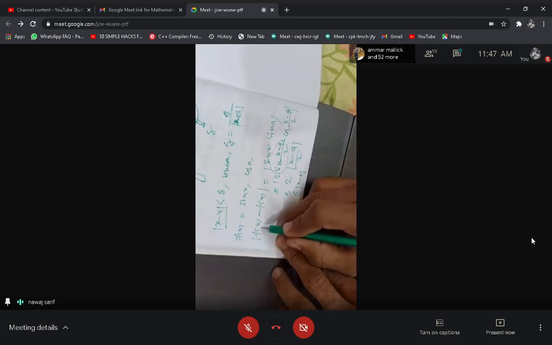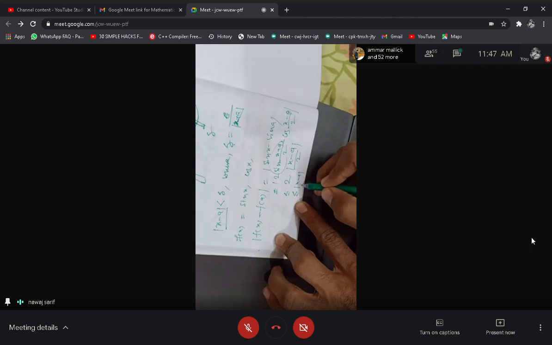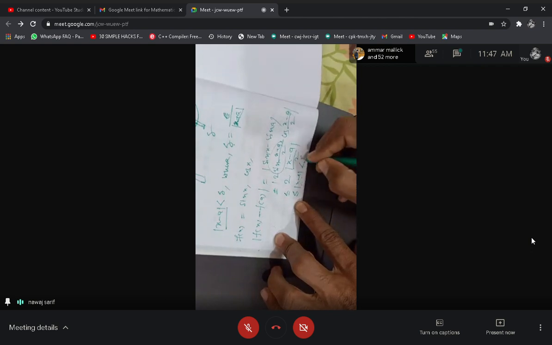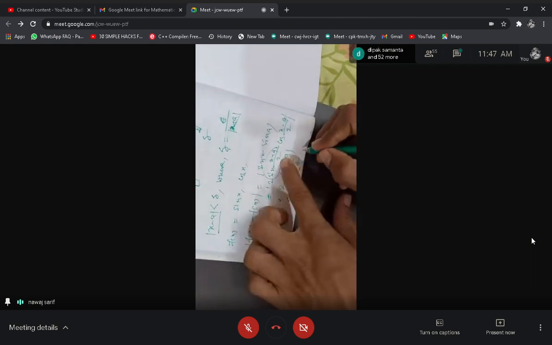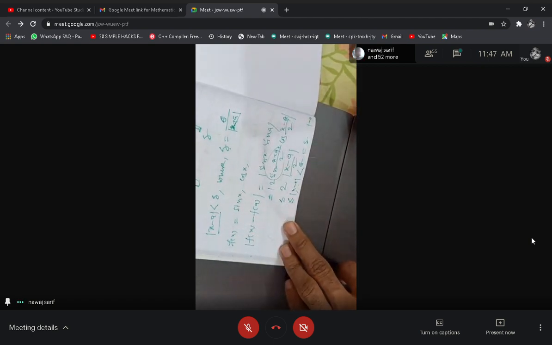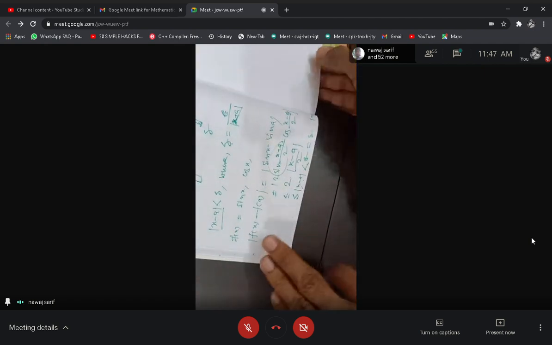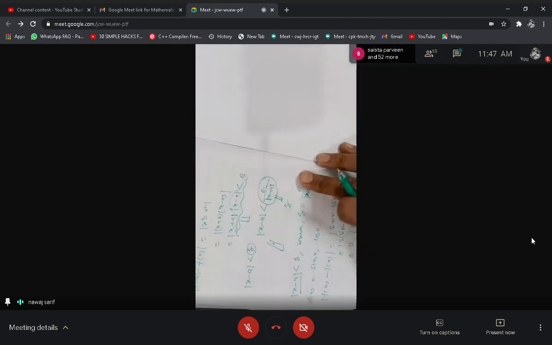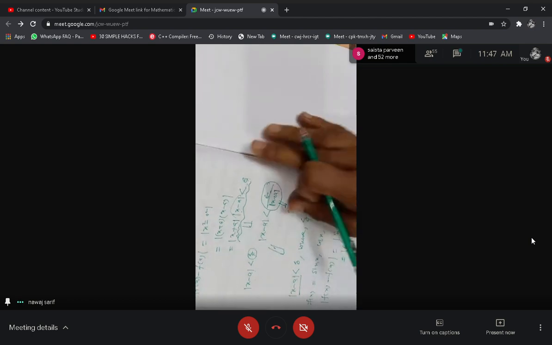So mod of f(x) minus f(a) is less than or equal to mod of x minus a, and this is less than epsilon, and in this case also epsilon equals delta whenever mod of x minus a is less than delta. So that's how we have to find our delta.